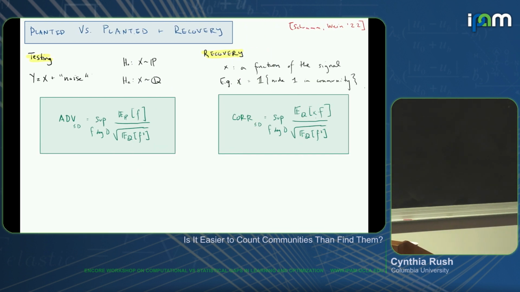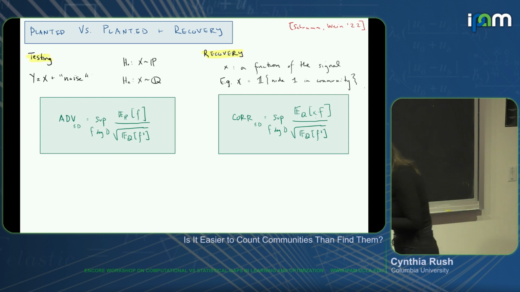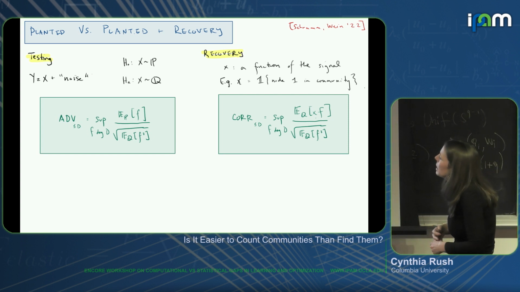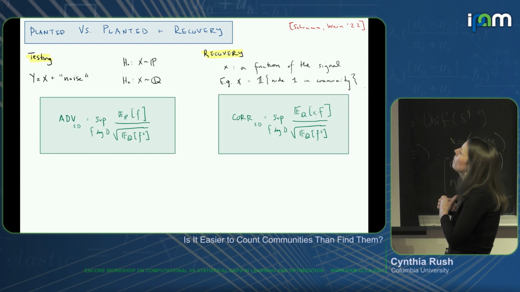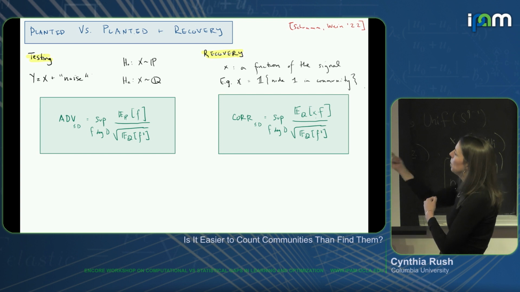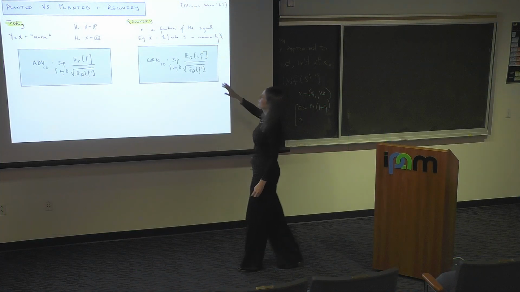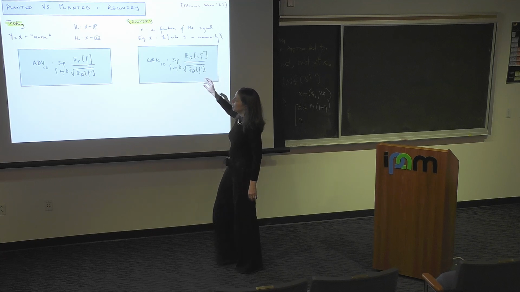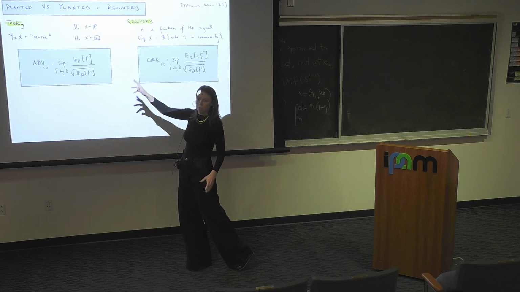Okay, this is the last thing I wanted to say, which is that one of the things that we discovered here is that one way to study the computational hardness of recovery problems is to find an equivalent hypothesis testing problem, right?